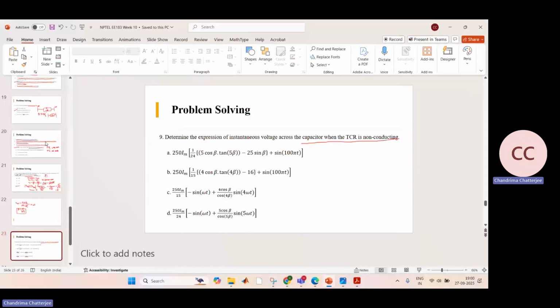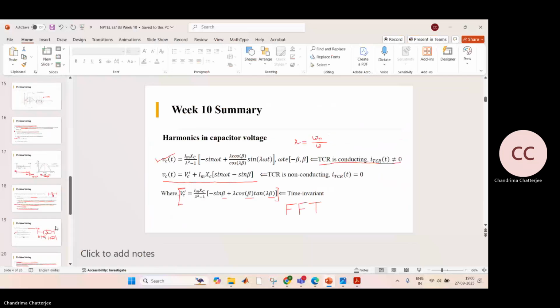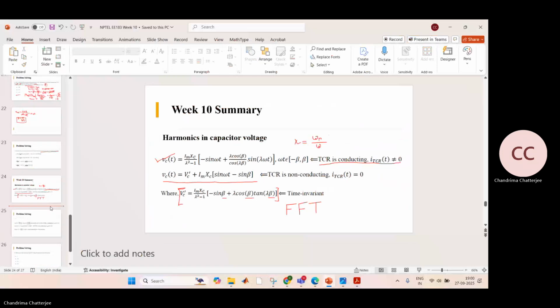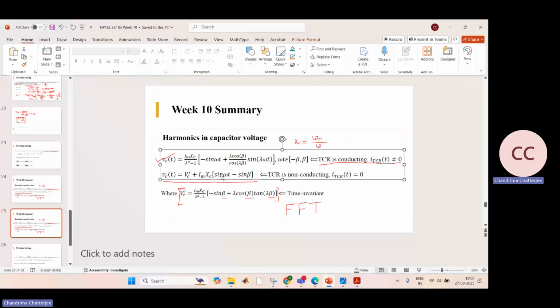I think here I have written it. Let's see. So this is the expression. So this part is the expression when TCR is non-conducting.